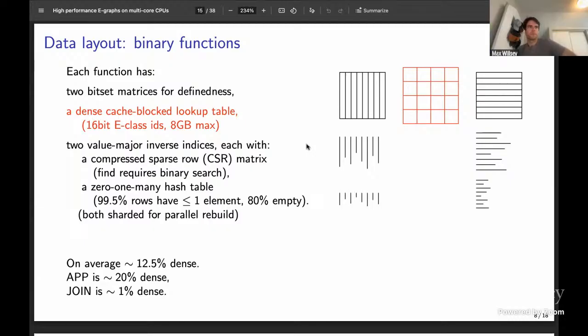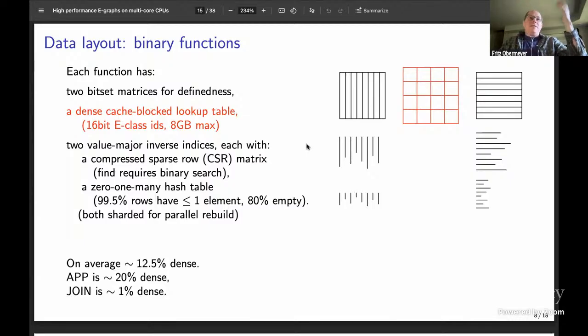I do have another e-graph implementation that uses 32-bit e-class IDs, and it's more of a congruence closure e-graph.